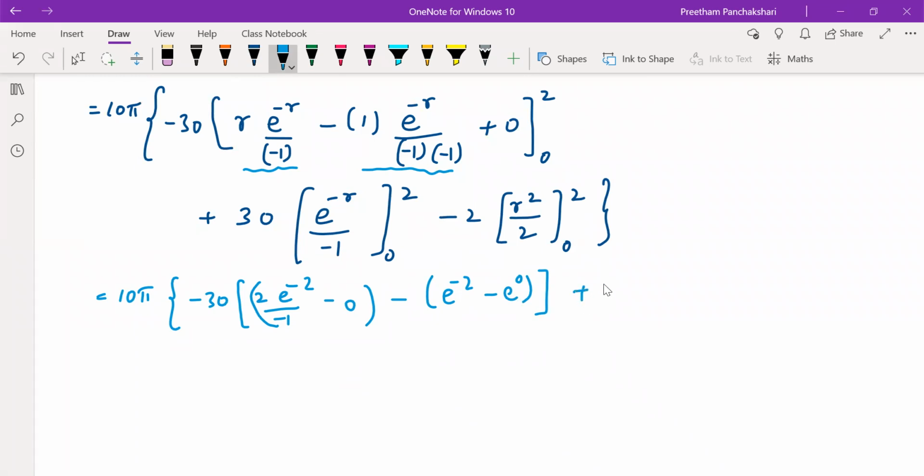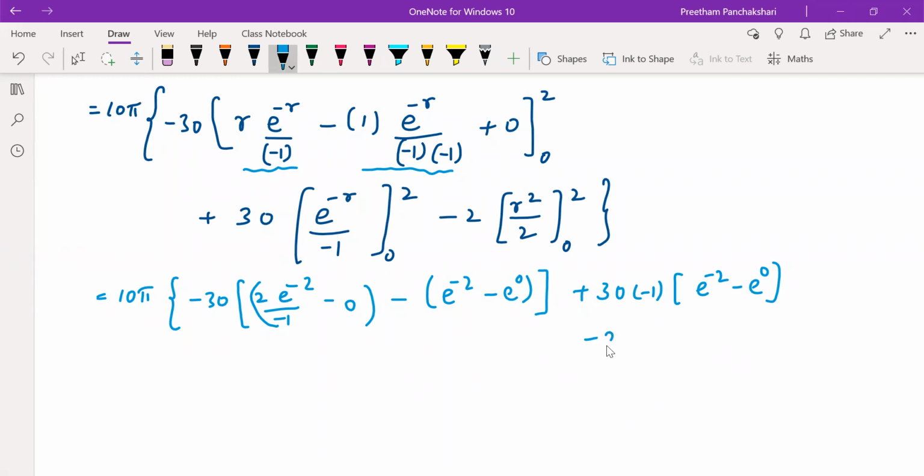Now let us proceed to second one. 30 and there is minus 1, we can also take it to numerator. Apply the limit to e power minus 2 and e power 0. Upper limit is 2, lower limit is 0. So that makes the second integral.